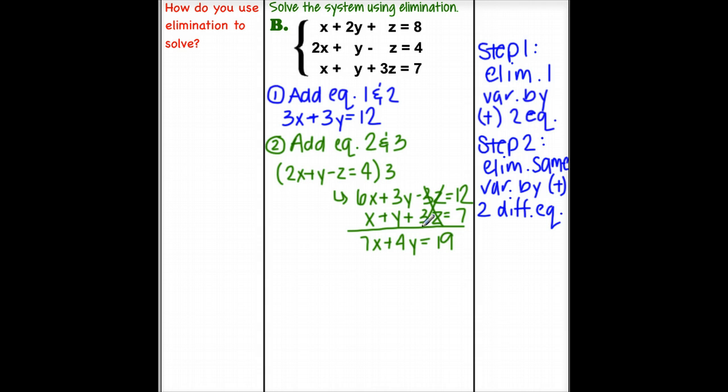I want to now use those two new equations to eliminate a variable, and I'm going to choose to eliminate y, because 3 and 4 work much better together than 3 and 7, because that makes bigger numbers. So step 3 here, I'm going to use the two new equations to eliminate y.